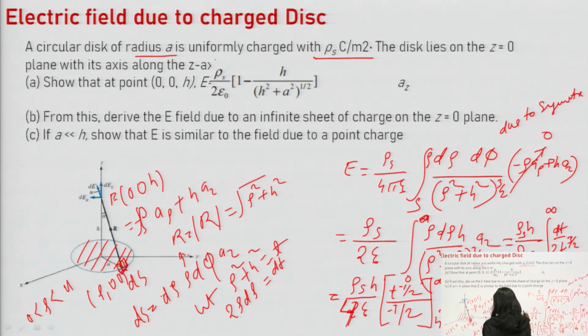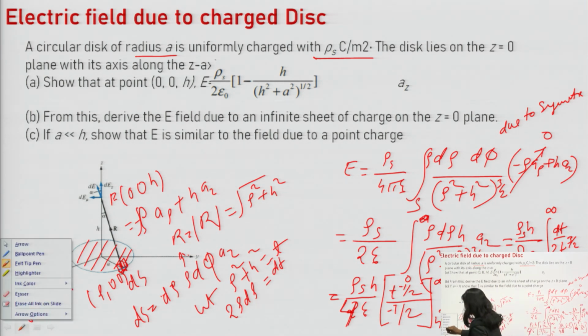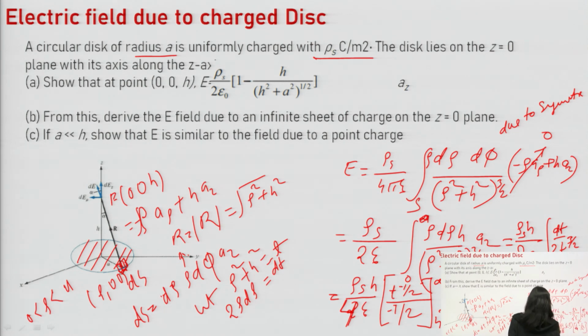When rho will be 0 the value of t will be h square, but when rho will be equal to a the value of t will be a square plus h square. So the upper limit will be a square plus h square.